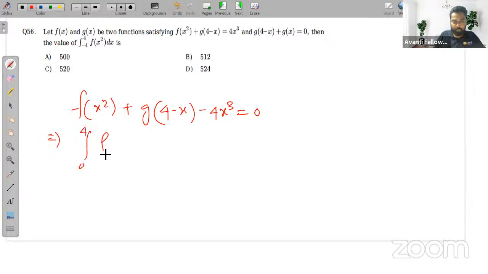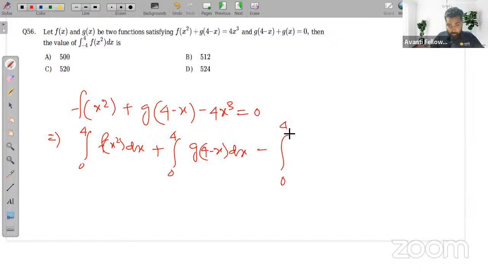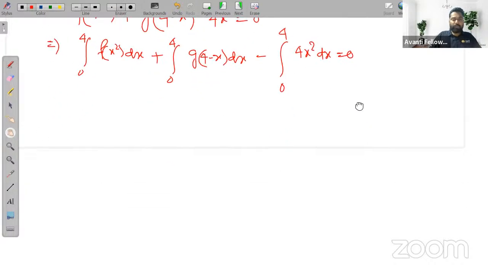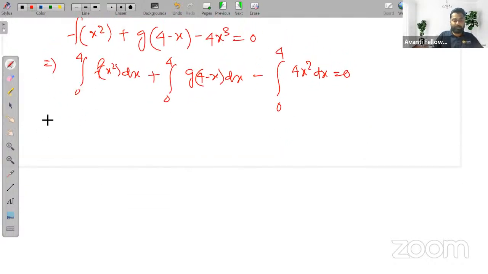0 to 4 f of x square dx plus 0 to 4 g of 4 minus x dx minus the integration 0 to 4 4x cubed dx is equal to 0, right? Okay, so if we integrate it, 0 to 4 f of x square dx and 0 to 4 g of 4 minus x.